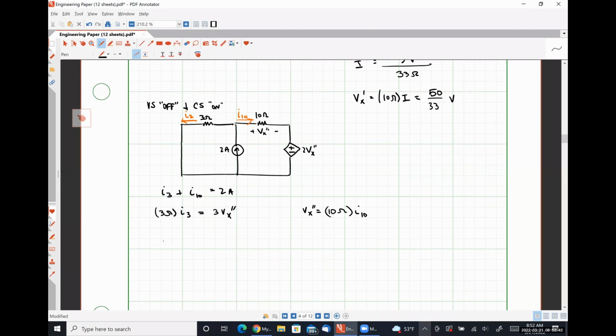So that's going to give me 3 ohms times I3 minus 3 times 10 ohms times I10 is equal to 0. Here's equation 1. Here's equation 2. We can solve these to find I10, and then we would substitute I10 into our Vx double prime relationship.